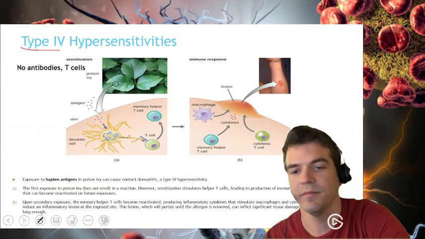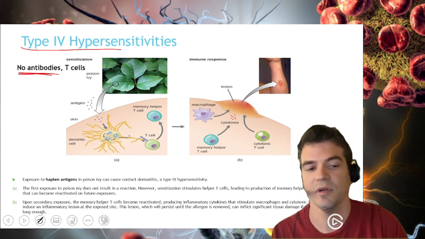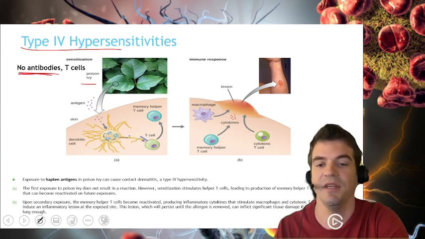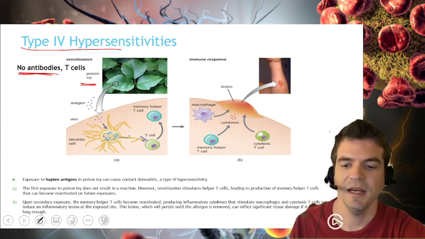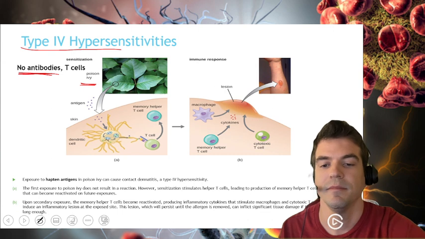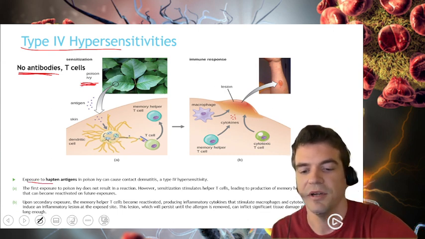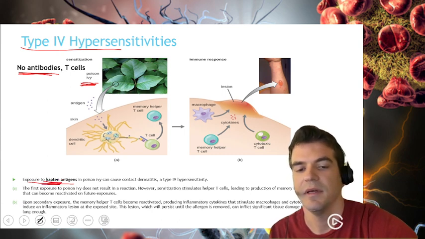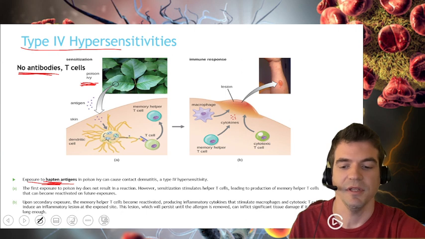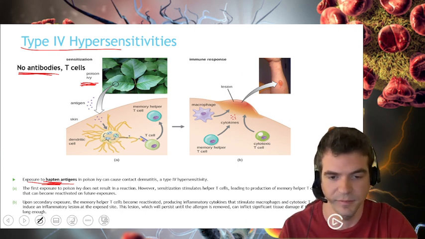Type 4 does not involve antibodies at all, and type 4 is associated with poison ivy and other things like that. They kind of mimic allergens, but actually they're called haptens. And so the haptens are what cause type 4 hypersensitivities.